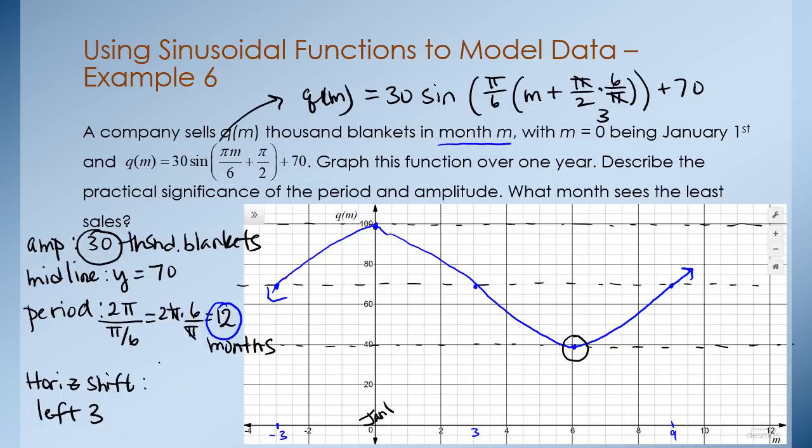So if that's the case, January 1st is 0, February 1st, March, April, May, June, and we actually see that when M is 6, we're talking about the month of July. And I think that I can buy the fact that in July, probably a company would see its sales dip to its lowest value. In this case, that would be 40,000 blankets.